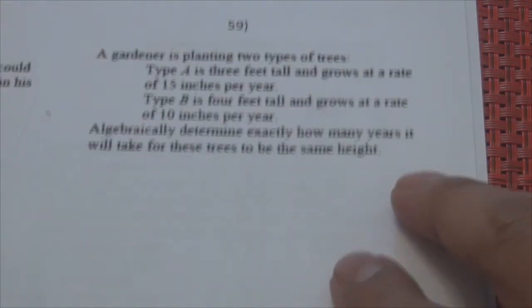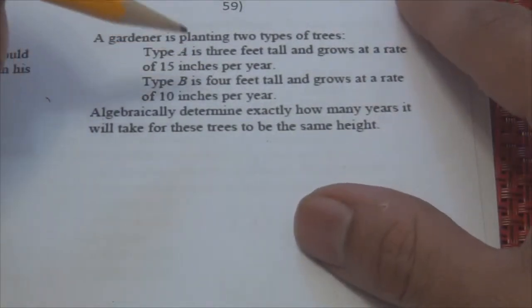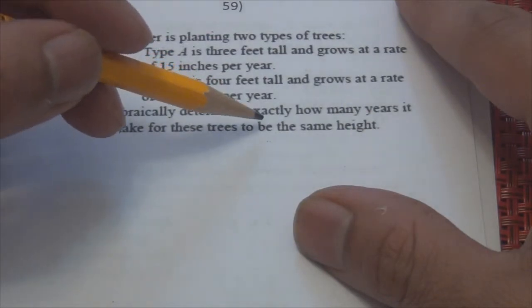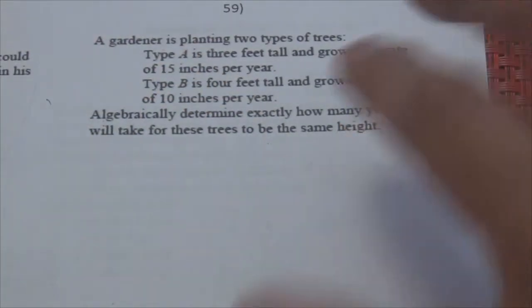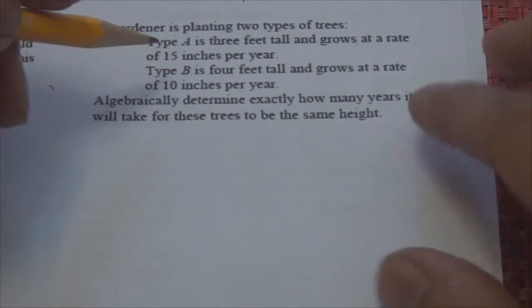Algebraically determine exactly how many years it will take for these trees to be at the same height. Okay, so where would they be the same? How am I going to solve this problem? But let's see.